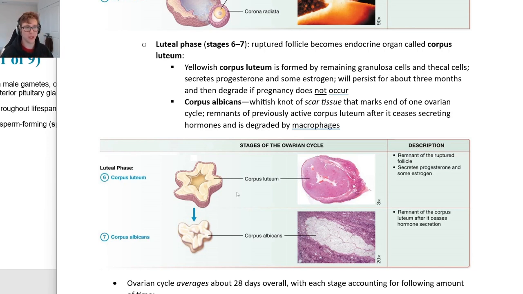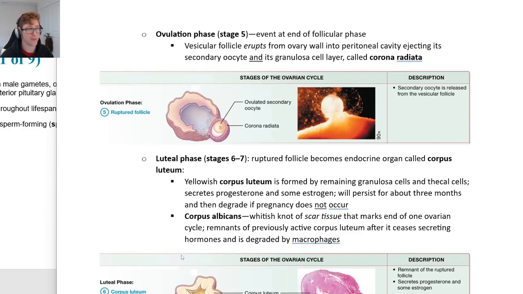This corpus luteum will start secreting progesterone and some estrogen, and the survival of the corpus luteum is dependent on whether you get pregnant or not. If you do get pregnant, that corpus luteum is going to stay around and continue to secrete hormones to support that growing embryo. If you do not get pregnant, that corpus luteum is essentially going to degenerate and turn into scar tissue called the corpus albicans. I'm getting ahead of myself though.